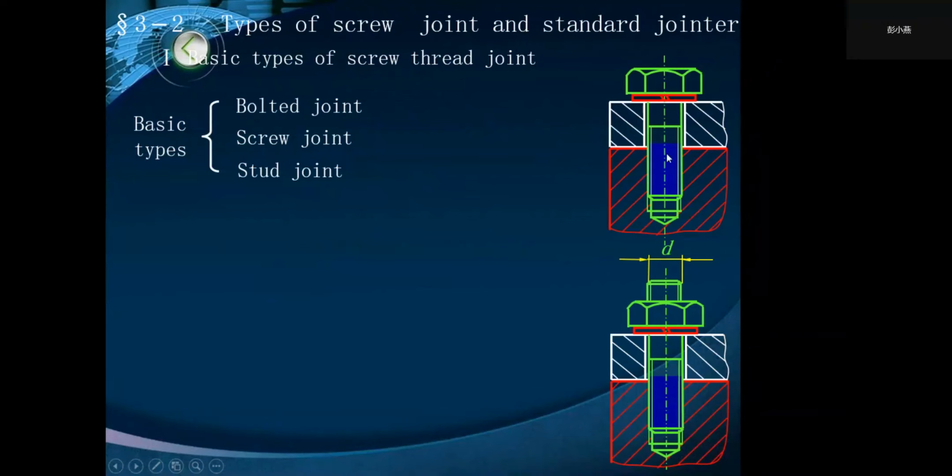The screw joint cannot be disassembled frequently, but the stud joint can be disassembled frequently by removing the nut and washer without damaging the threaded member.